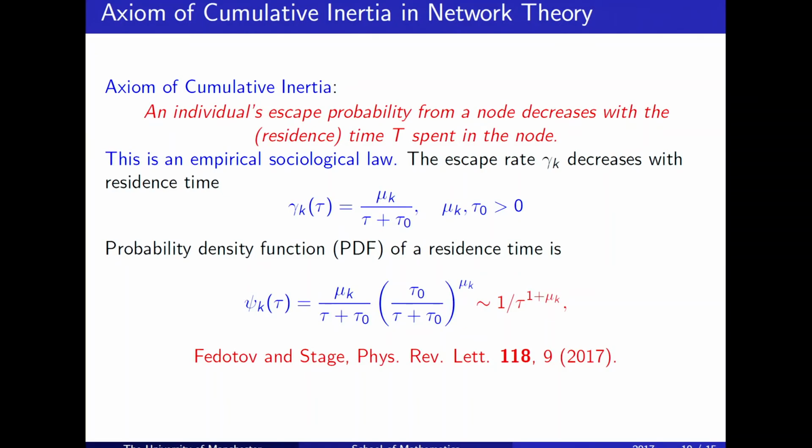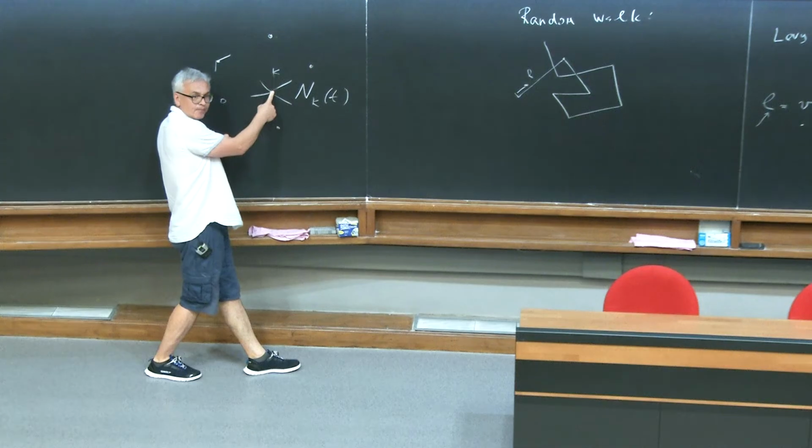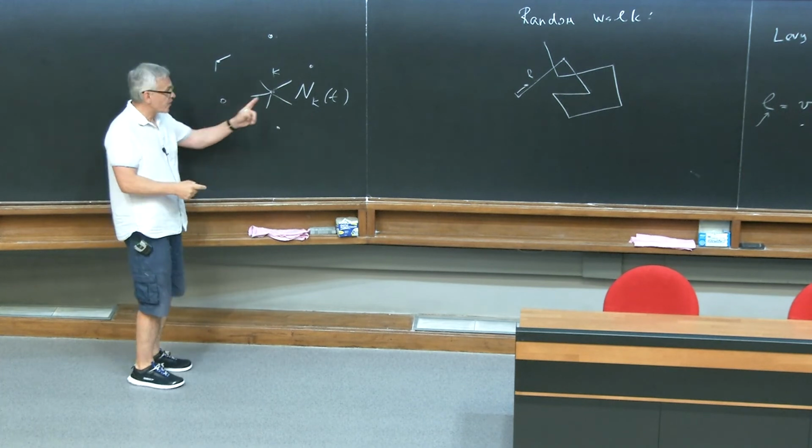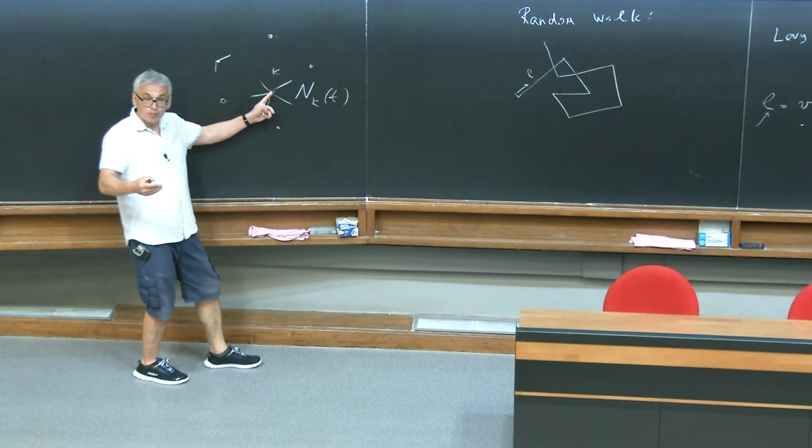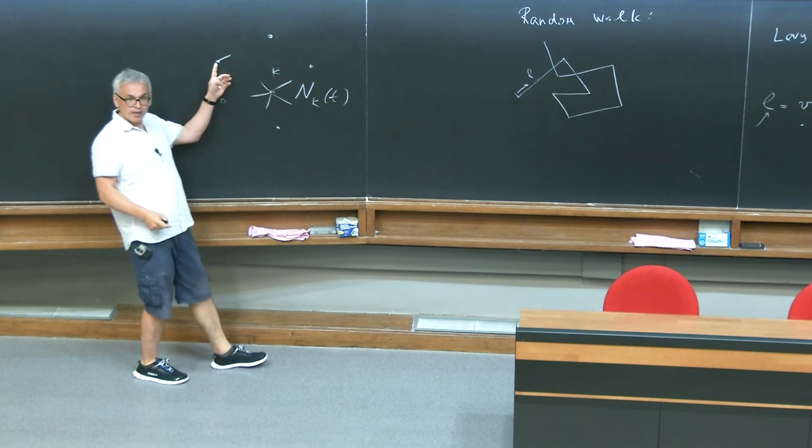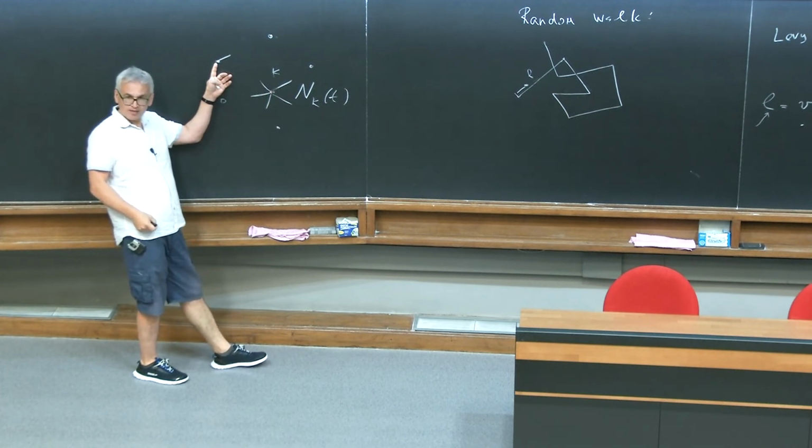What happened? That's a key question we put in this paper. Standard theory tells us the aggregation happens here because of a lot of connection. Now we have a competition with a node with a lot of connection, but with the standard Poisson law of escape, and then with anomalous behavior.